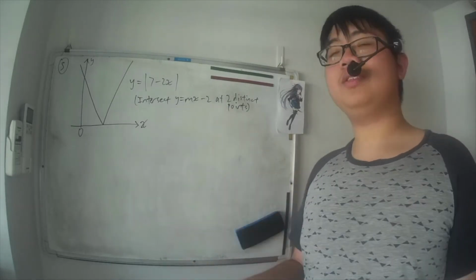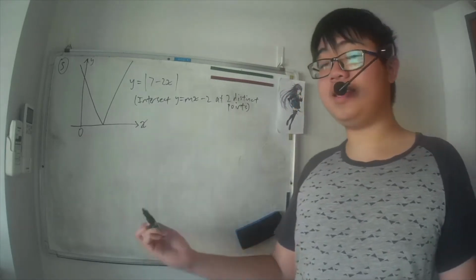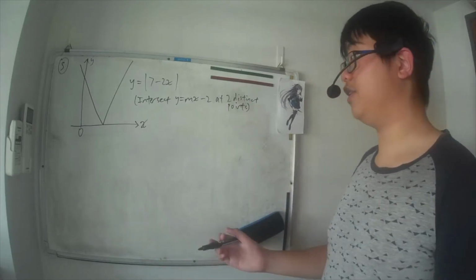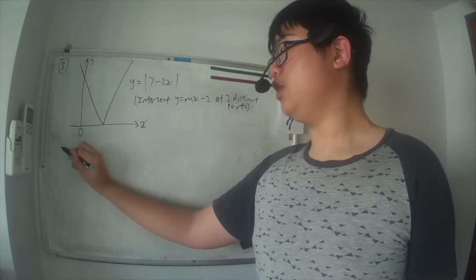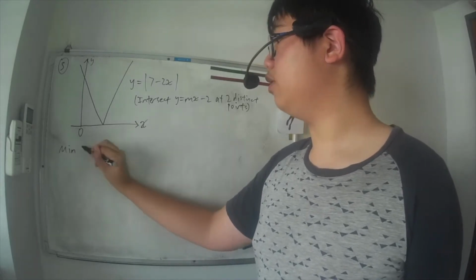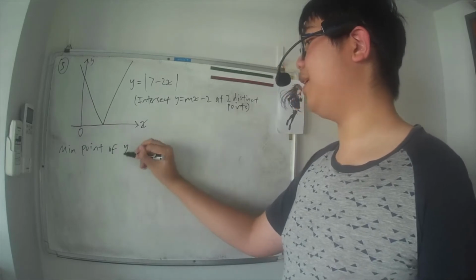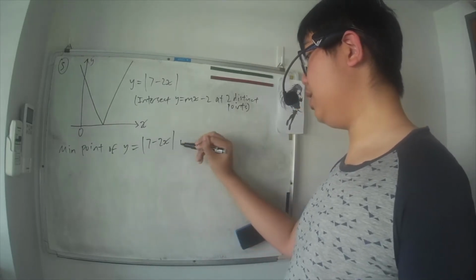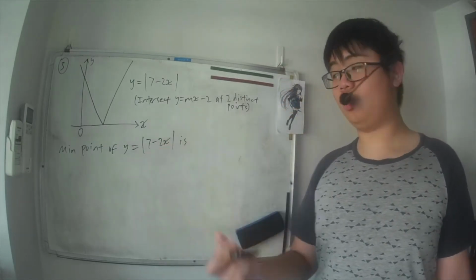What happens if we look at this thing called the contrapositive? What happens if m is less than 4 over 7 or it is equal to 4 over 7? Okay, so let's first find this point. So the min point of this part, y equals to 7 minus 2x, is, of course, when this is equal to 0, because the minimum y can be is 0, right?